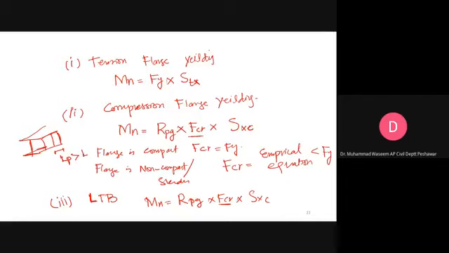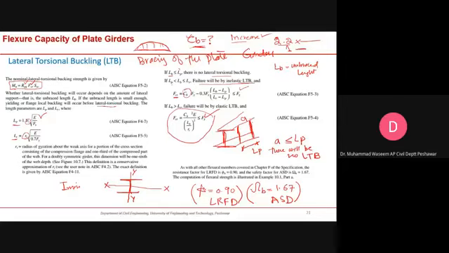Let me erase it like this. If Lb is greater than Lp and less than Lr, then the Fcr value will be different, okay? You need this one in order to use this equation, okay? This is given here. These are the three scenarios.